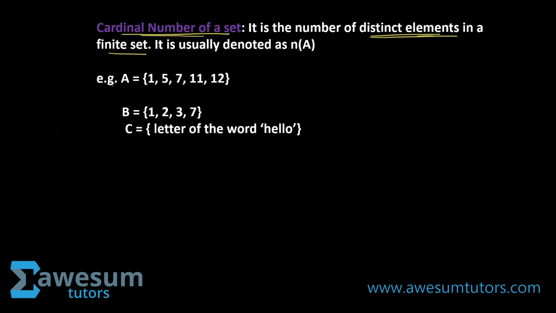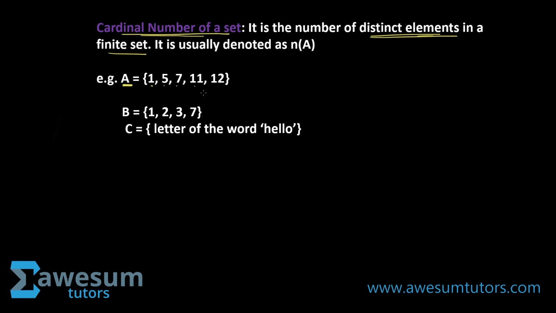So now let us take a look at this. What is the cardinal number of this set? This set has these elements: 1, 5, 7, 11, and 12.